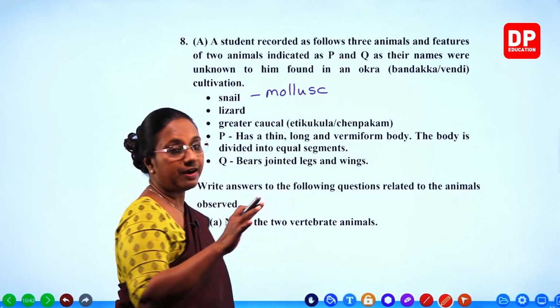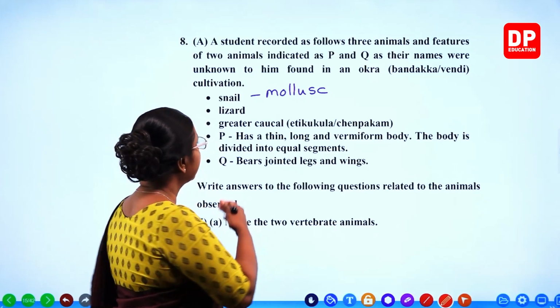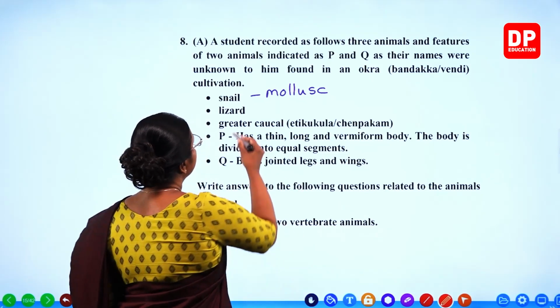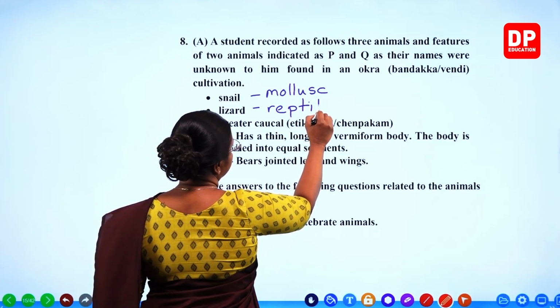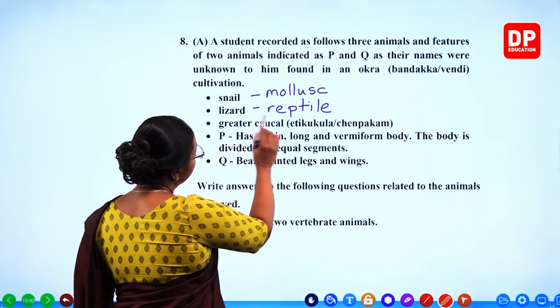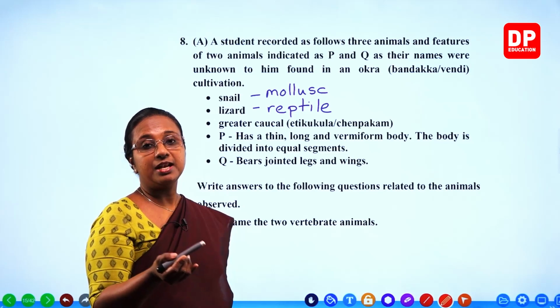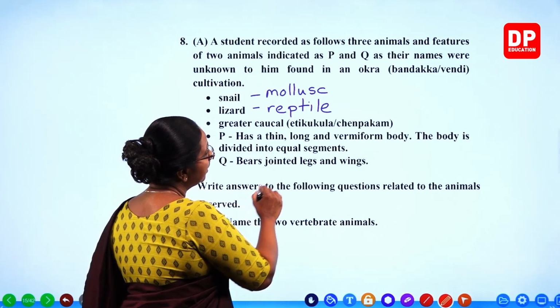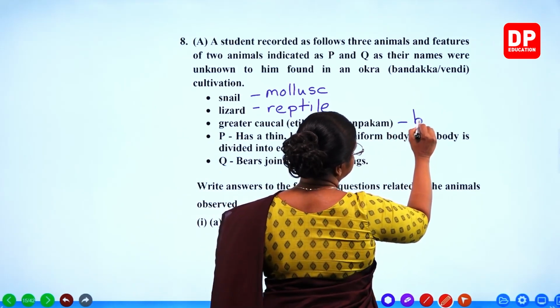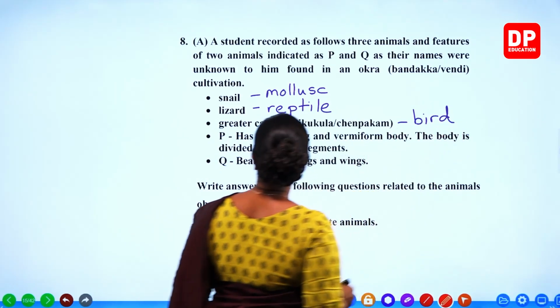Normally if you are writing the phylum, Mollusca, otherwise we can write it as mollusk. Then lizard is a reptile that you can see. Now reptile is a vertebrate, whereas mollusk is an invertebrate. Then greater cockle is a bird. So there you can see bird.